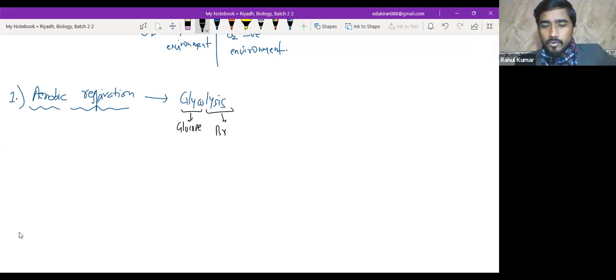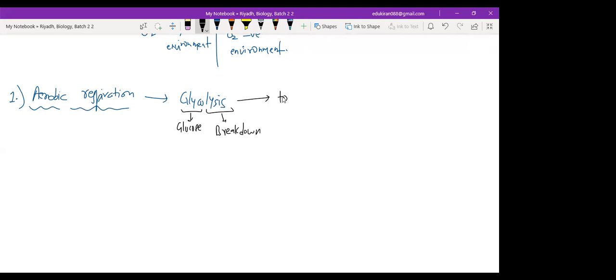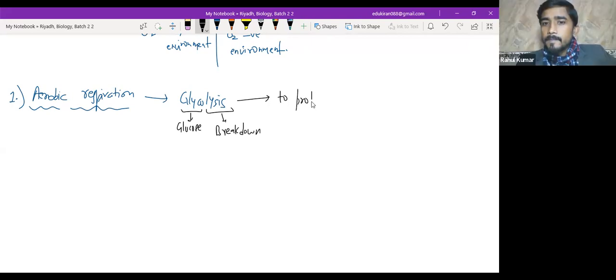So we have to break glucose, glycolysis. And why are we breaking it? Because to produce energy, for the cellular and physiological processes to keep ourselves alive, basically.